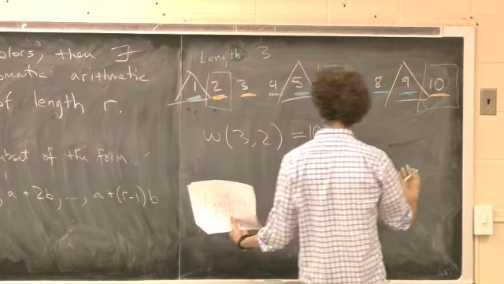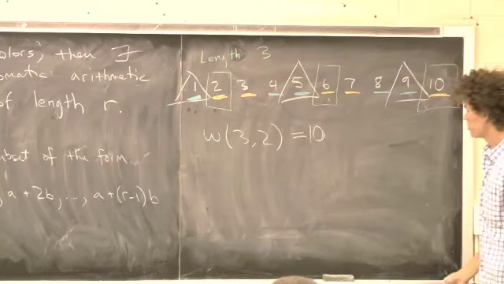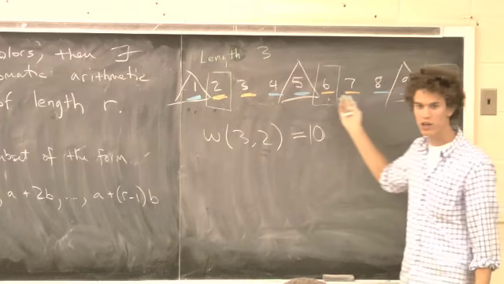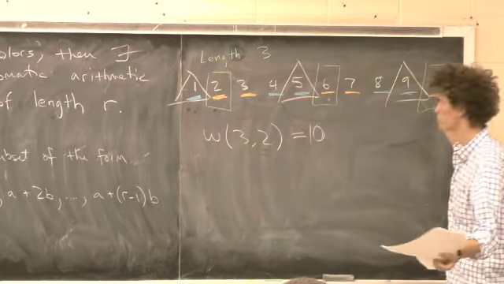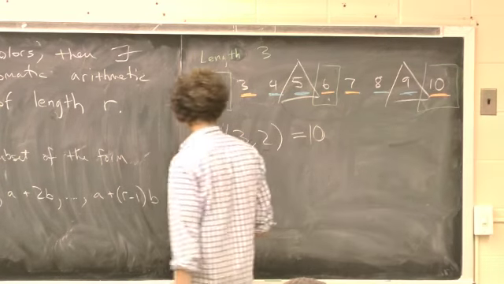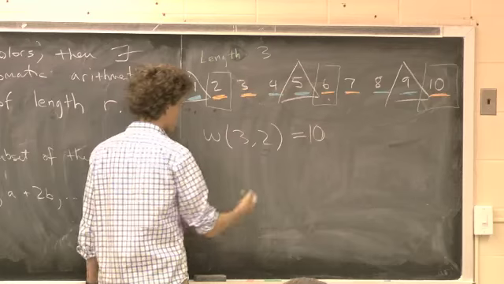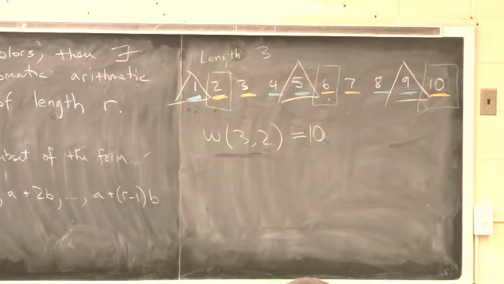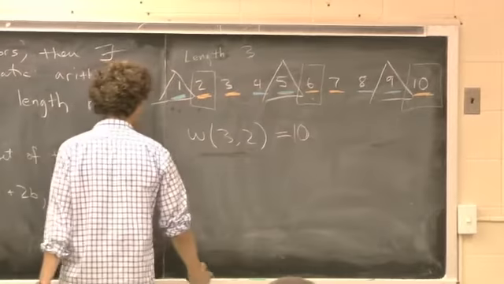Maybe this number is way bigger than 10. We just did a stupid coloring. Maybe there's some clever way to color the numbers 1 to 10 such that there's no arithmetic progression. So we really should prove that these numbers exist. That's why this is a theorem, not an obvious thing.